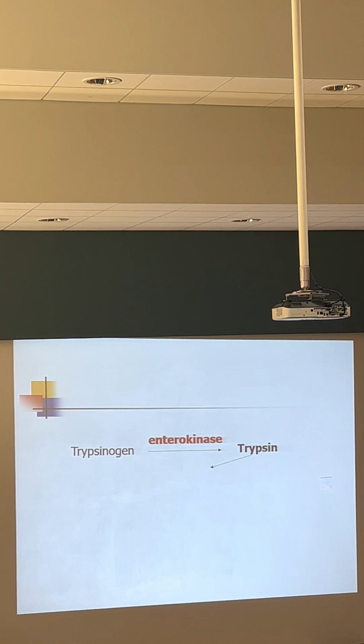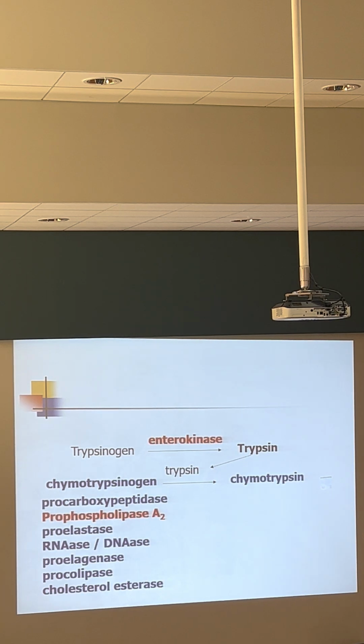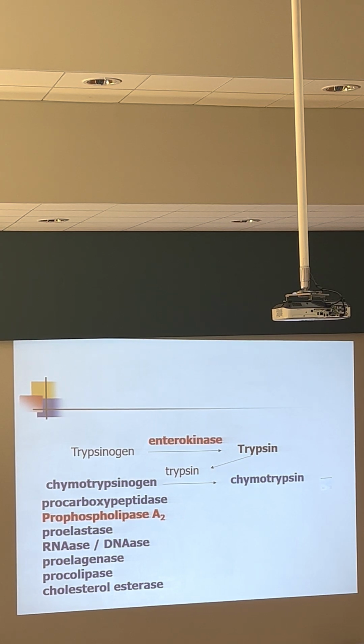Once trypsin is formed, it is going to activate chymotrypsinogen to chymotrypsin, and all the others will follow. They will all become activated. Of course, amylase is already active, and most of the pancreatic lipases are already active forms, so they can carry out their digestive process. Yes, question?